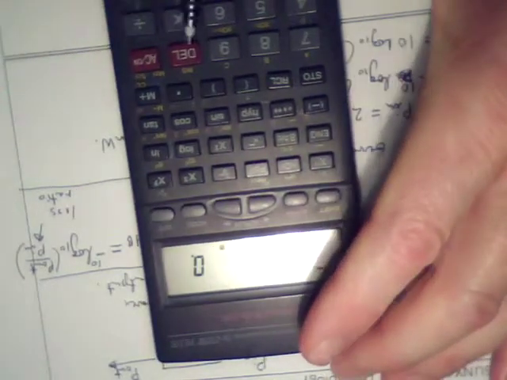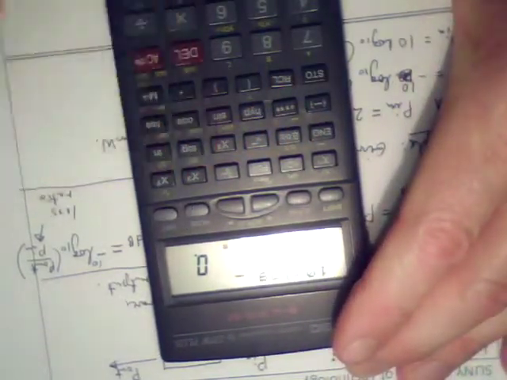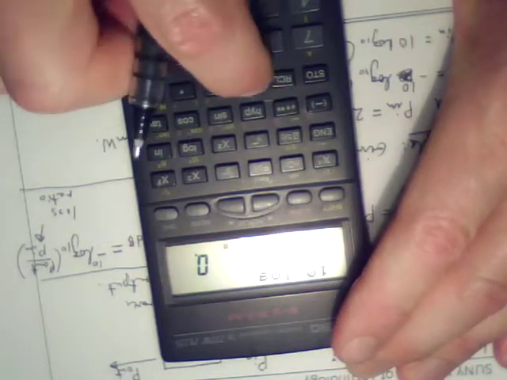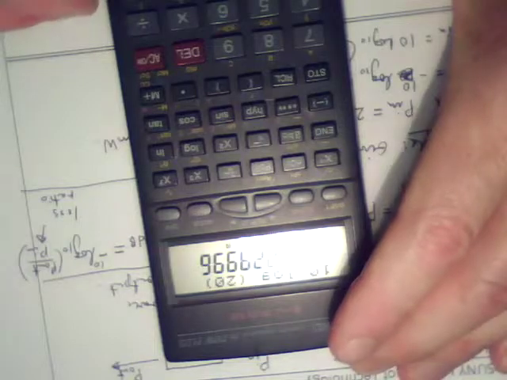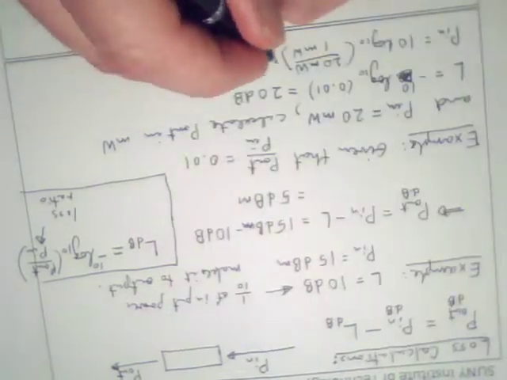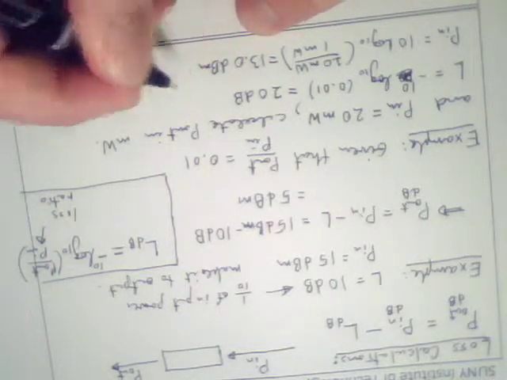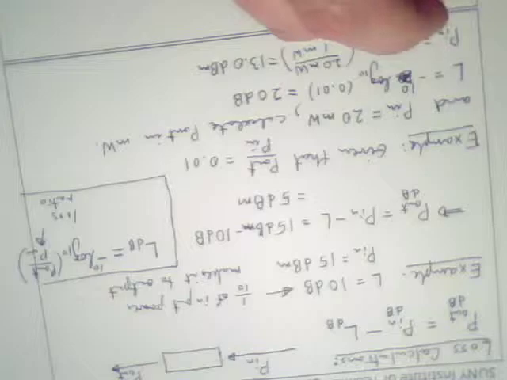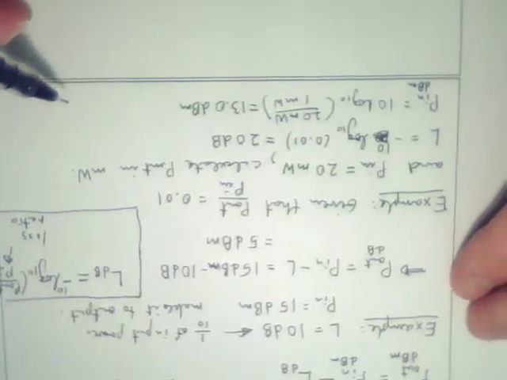I'm going to go 10 times the log, not the ln, of 20. And that's going to give me 13.0 dBm. So these powers are in dBm units.